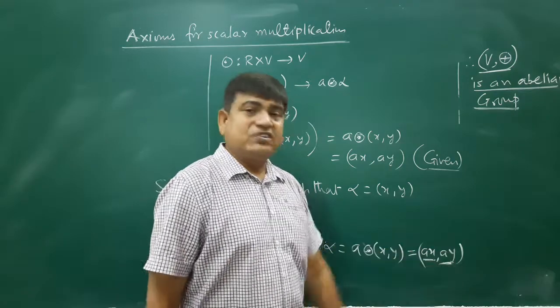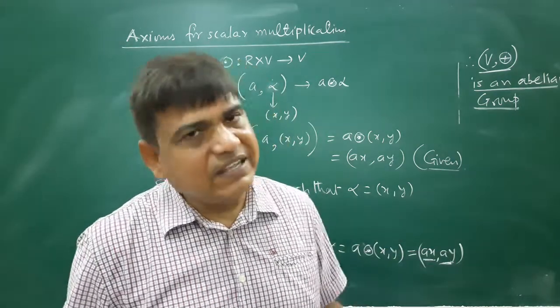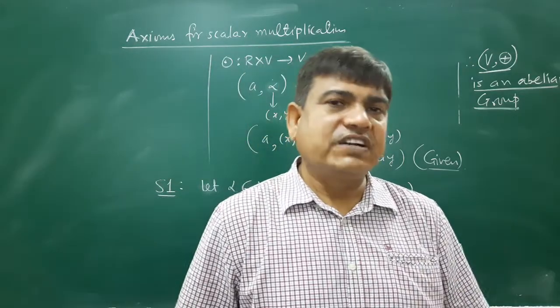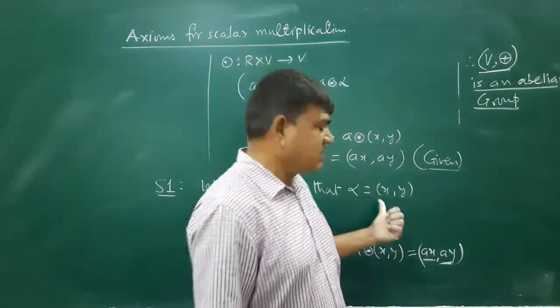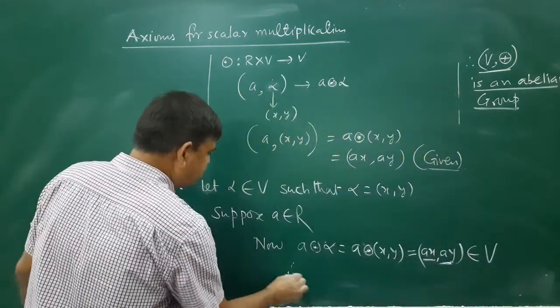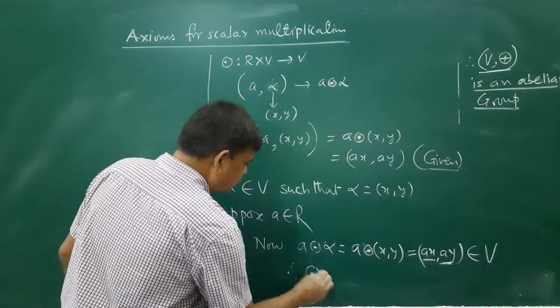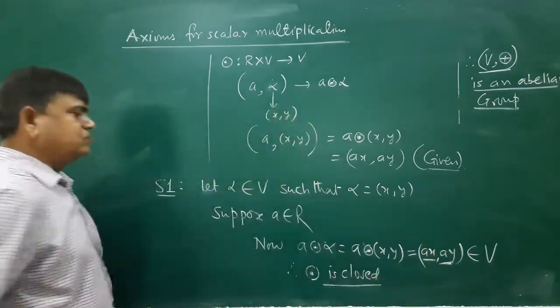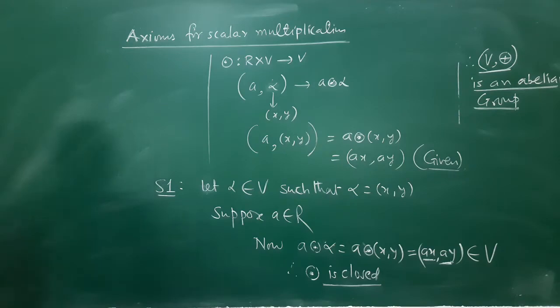Why is it a real number? Because x and y are real numbers and A is also real, because we have to prove V is a vector space over the set of real numbers. So this belongs to V. Therefore, V is closed. Okay, so this is the closure property.